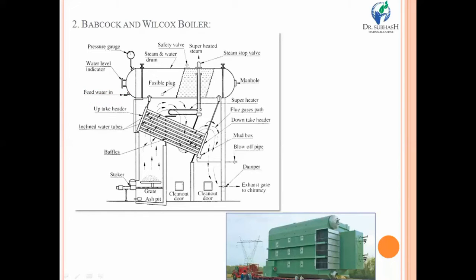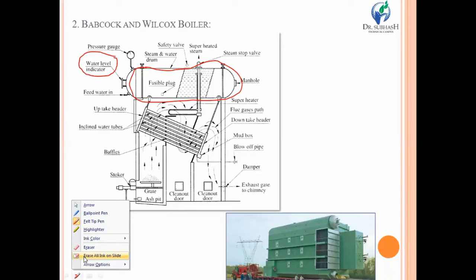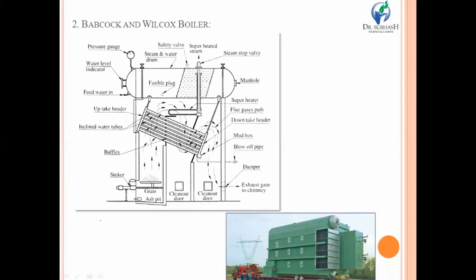Exactly above the feed water valve there is a water level indicator. It indicates the amount or quantity of water present inside this particular boiler shell. So this is the kind of instrument which directly measures the quantity of water, or water level, present inside the boiler shell.